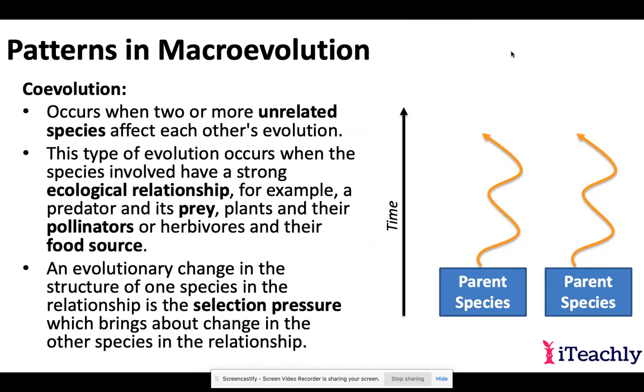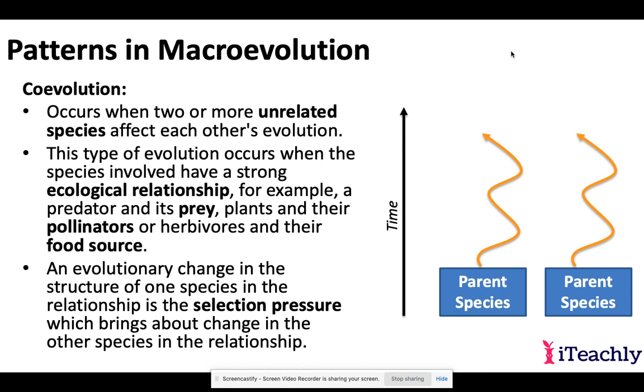Coevolution occurs with unrelated species, but they evolve together. This occurs when there's a strong relationship, maybe between predator and prey, or plants and their pollinators, or herbivores and their food sources.